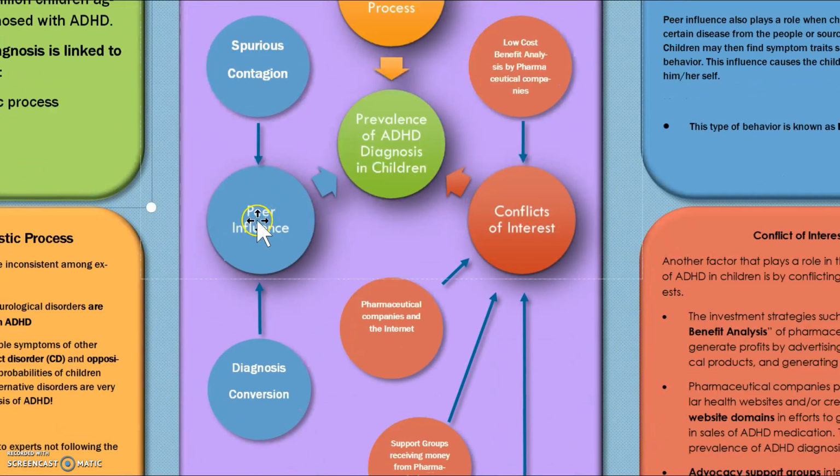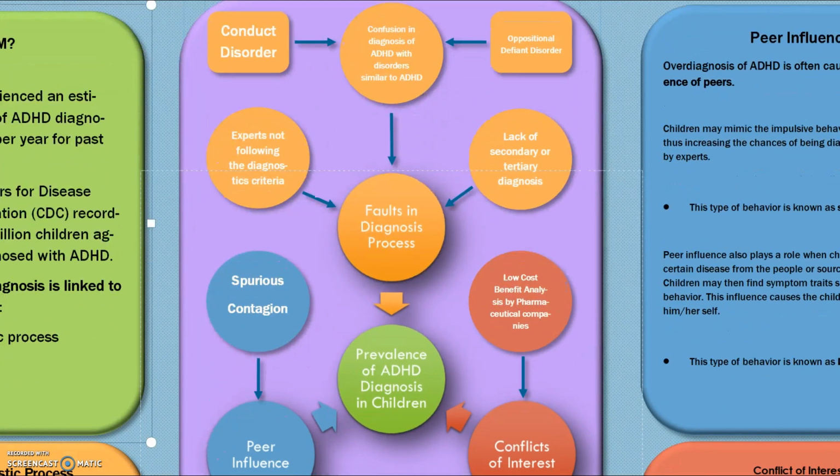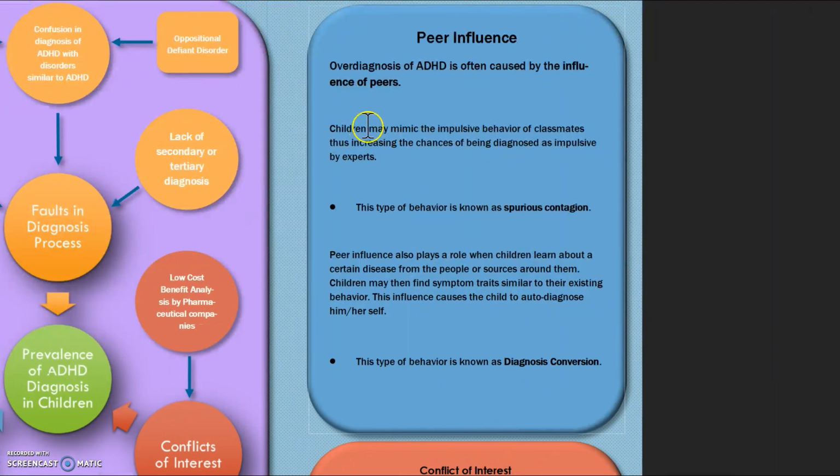Peer influence. So there are two things that also contribute to the prevalence of ADHD under peer influence. One of them is known as spurious contagion. This is, for example, children may mimic the impulsive behavior of classmates, thus increasing the chances of being diagnosed as impulsive by experts.